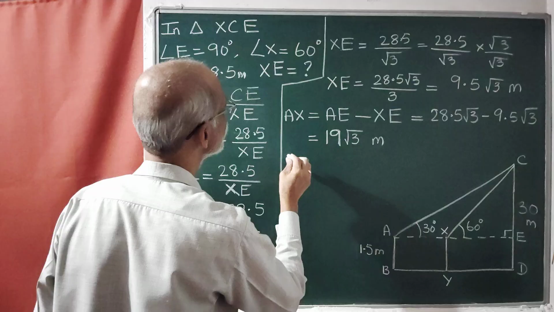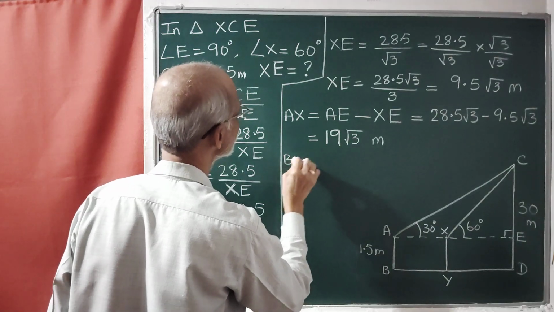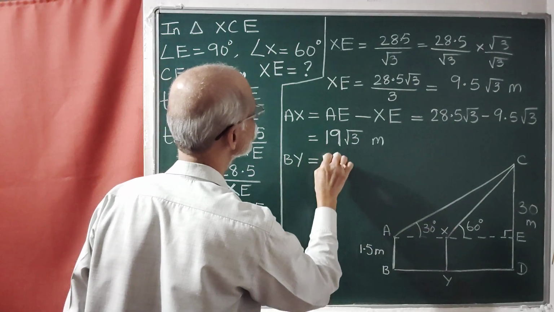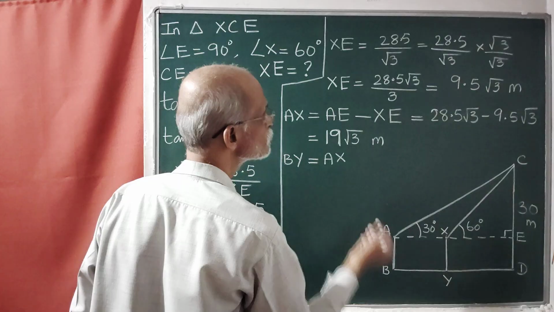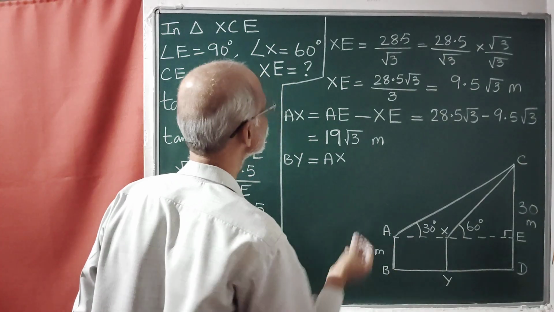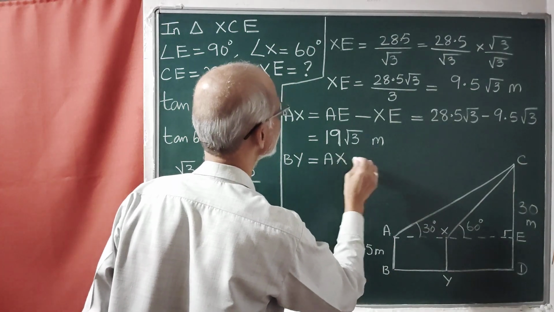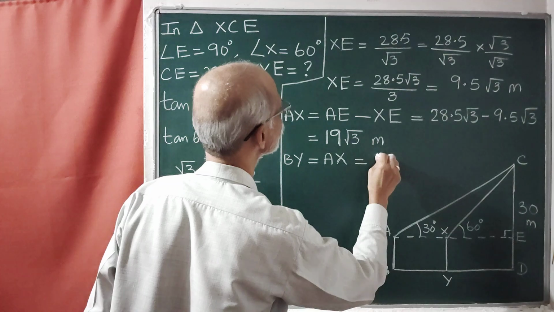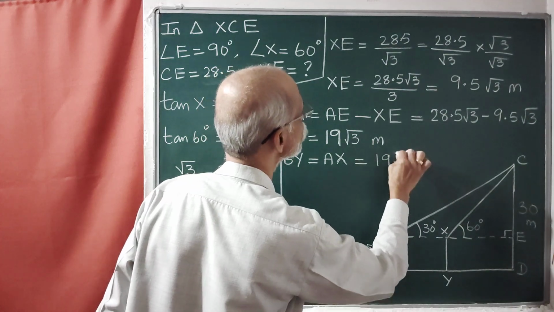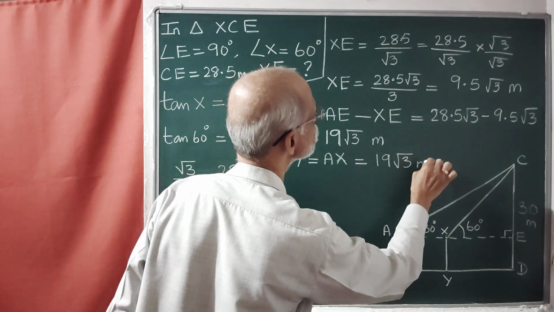Now BY is equal to AX. Both are equal. So BY will be equal to 19 root 3 meters.